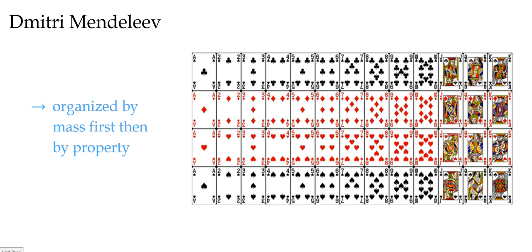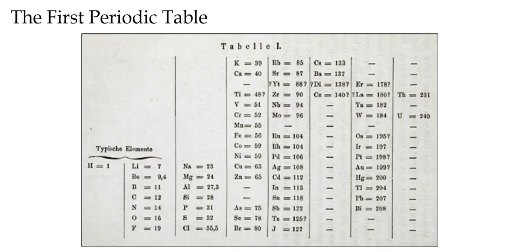So his periodic table ended up looking like this. We can see that they're increasing in size going down, and they're the same in properties going across. It's kind of if we took the periodic table we have now and shifted it. He said that lithium, sodium, copper, silver all had stuff in common. Beryllium, magnesium had things in common. Boron, aluminum had things in common.